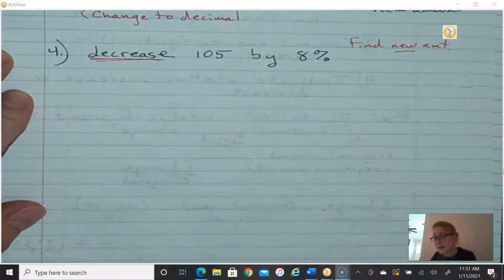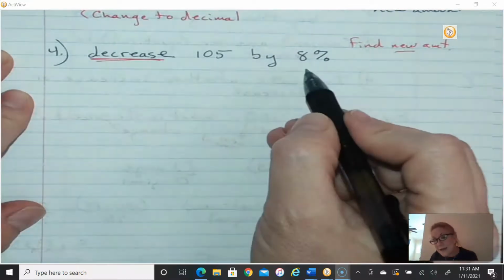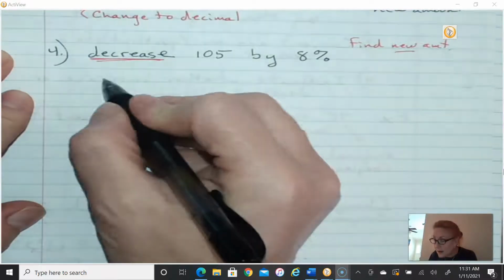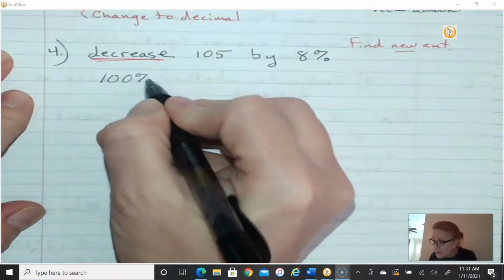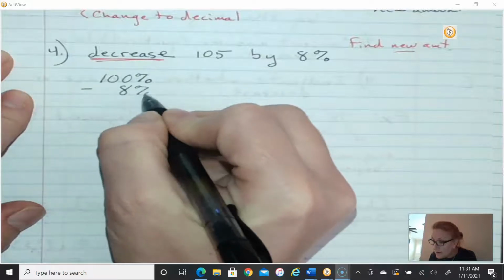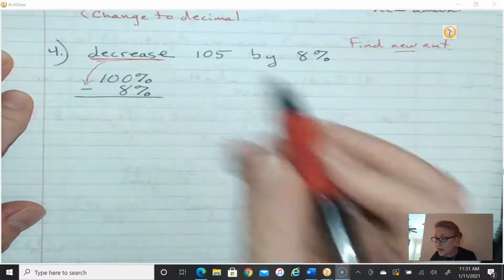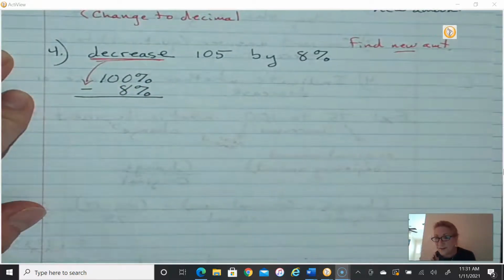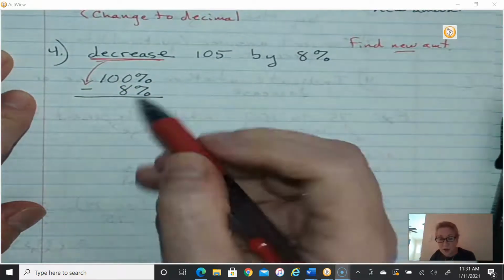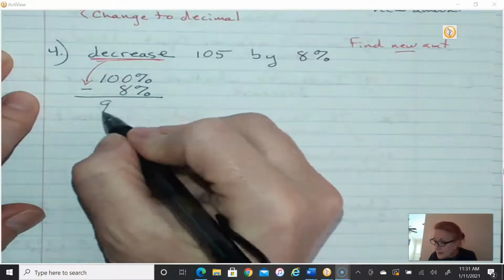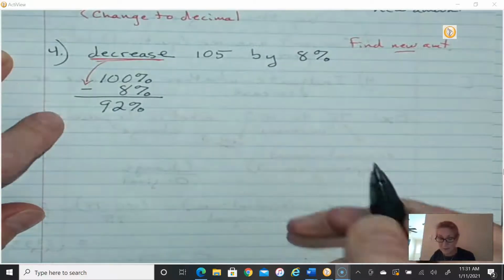We're subtracting. So what are we subtracting 8% from? When we're dealing with percent, 100%. So that's your first step. If we're decreasing, you're subtracting. Don't worry, we're about to do an increase too. So 100% minus 8% is 92%.